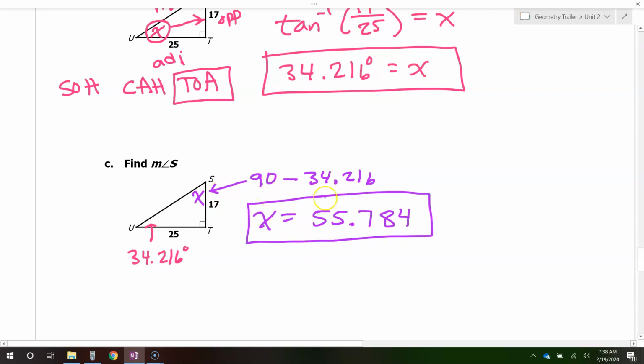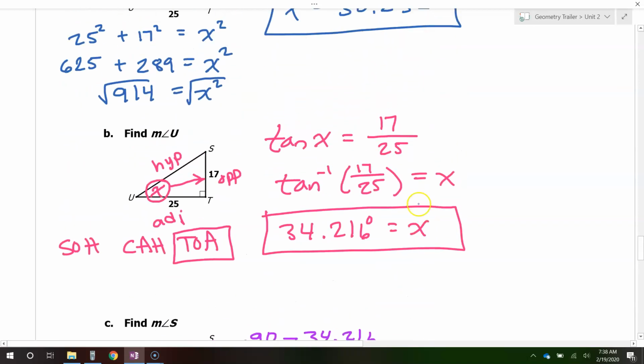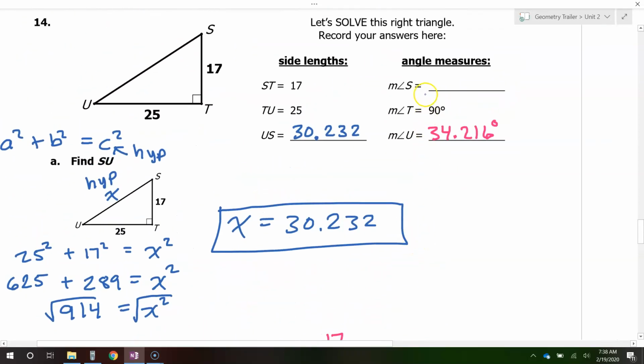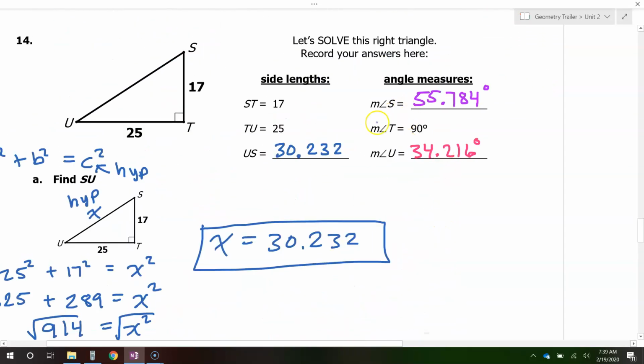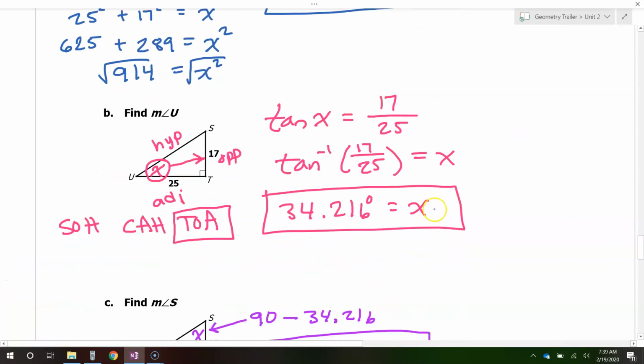All right, so that is angle S. Okay, I think that's everything. All right, yeah, we were missing two angles and a side, and we found them all. So we solved that triangle.